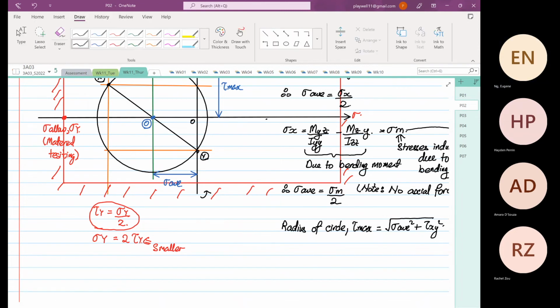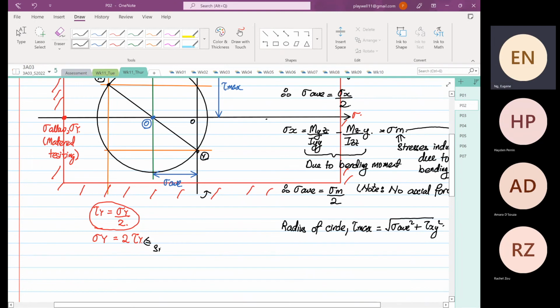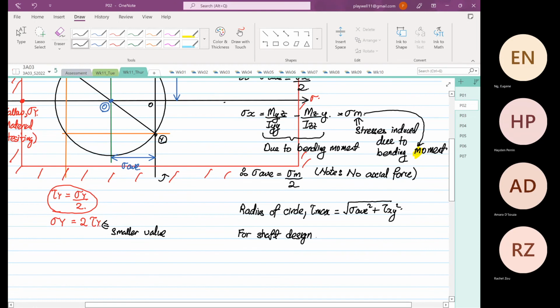That value over there, this value over here, is a smaller value. So therefore, in order to design the shaft, we must ensure that the maximum shear stress is less than the shear yield stress.